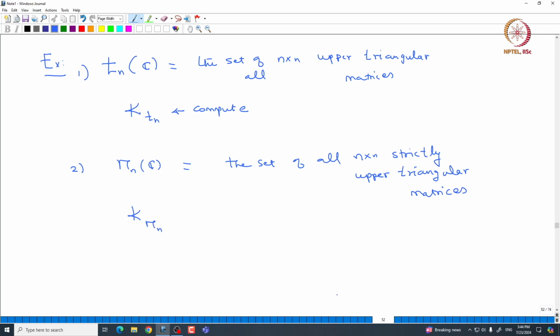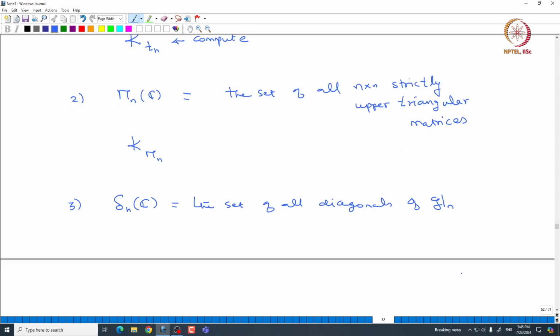Similarly, diagonals also one can compute. Take the set of all diagonals, again compute.